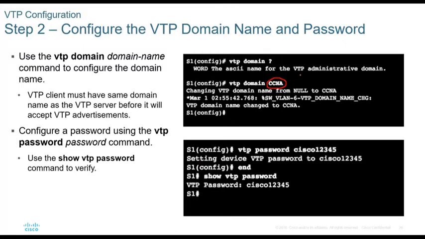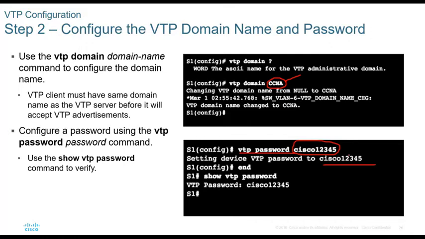Alright, so after the domain name, the next thing you need to configure is the password. The command for that is just VTP space password space the password that you like. In this case, we used Cisco1234. Of course, in a real-world environment, that is not acceptable. You should be using a stronger password.